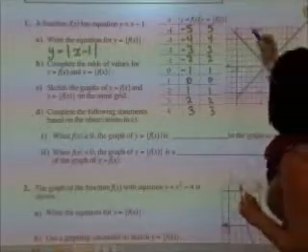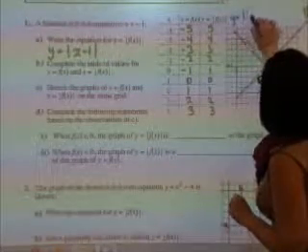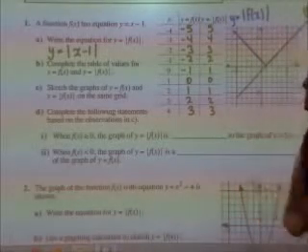And then my graph in blue is my y equals the absolute value of f of x.